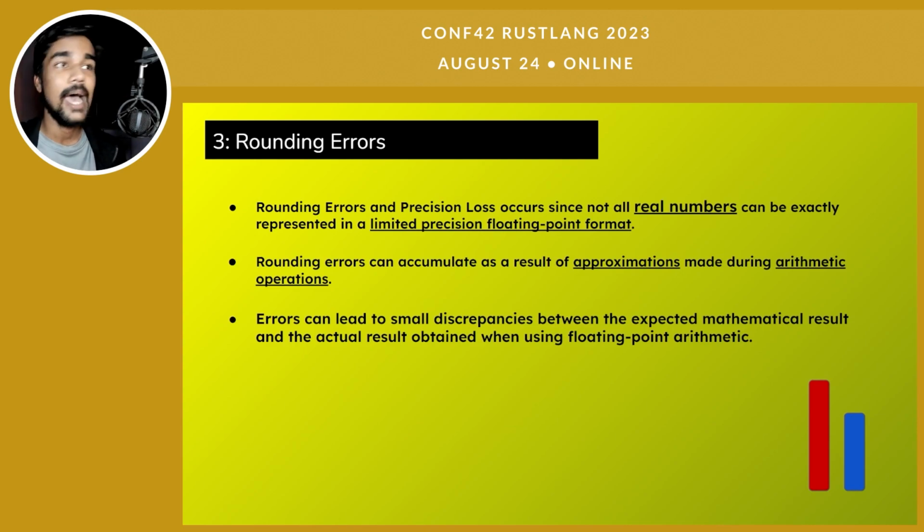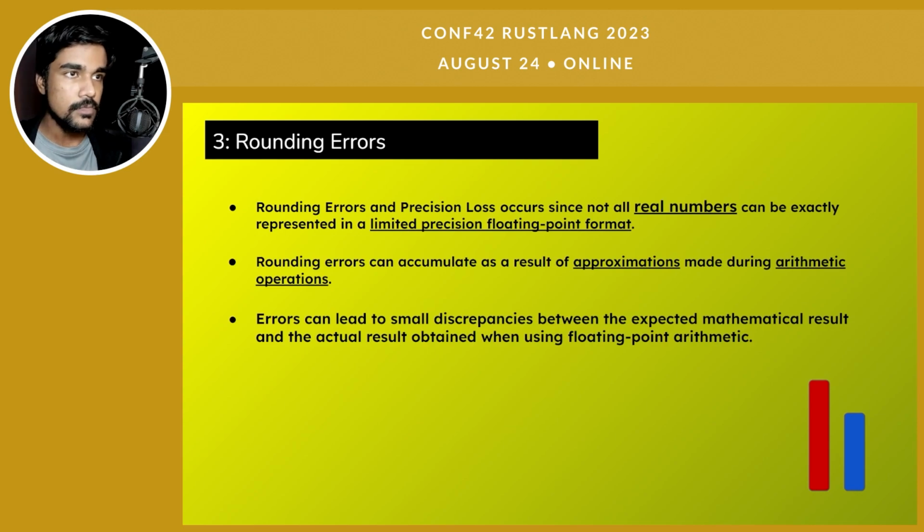Precision loss can happen because of rounding errors, since real numbers cannot be expressed exactly using the limited precision here. And because of this, rounding errors can accumulate as a result of approximations made during arithmetic operations. Let's say you have a complicated expression which has lots of different mathematical operations present in it, and certain components of those expressions will accumulate more error than you might think.